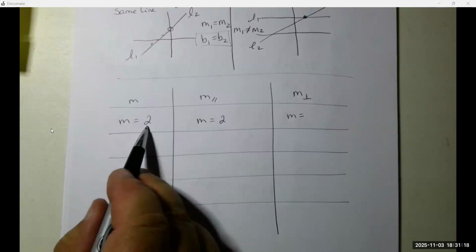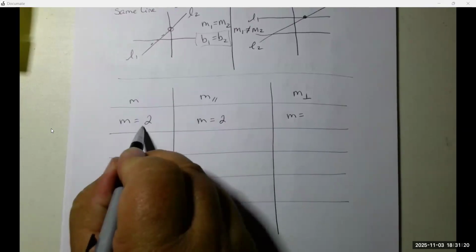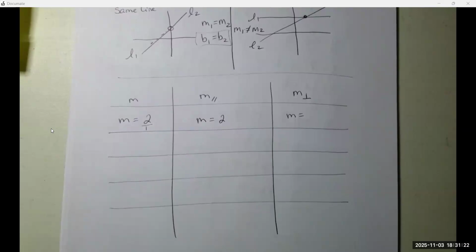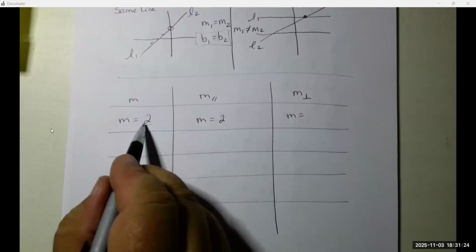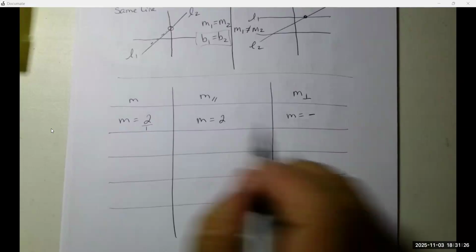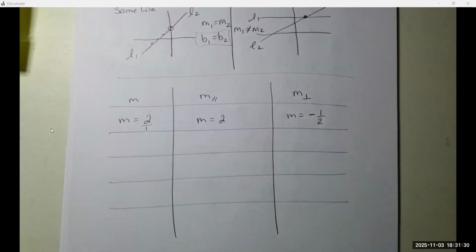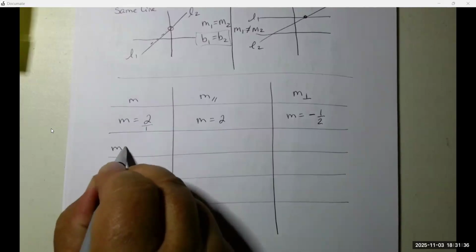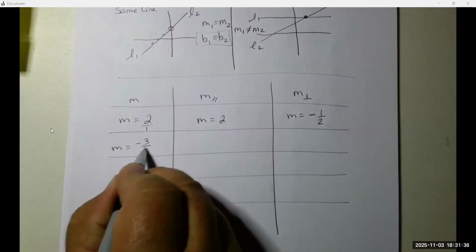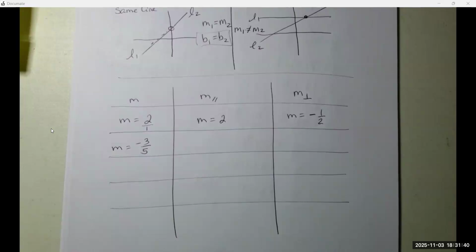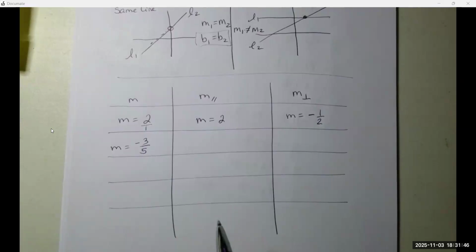Right, and 2 is 2/1. Excellent. Yes, because every number is a fraction. And since it's positive, this one has to be negative. And you flip that one. Very, very good. Okay, so if I give you a slope of -3/5, what would the parallel slope be? -3/5.